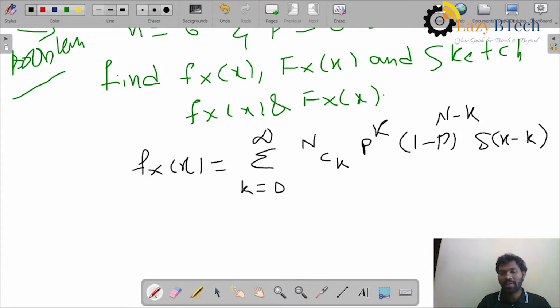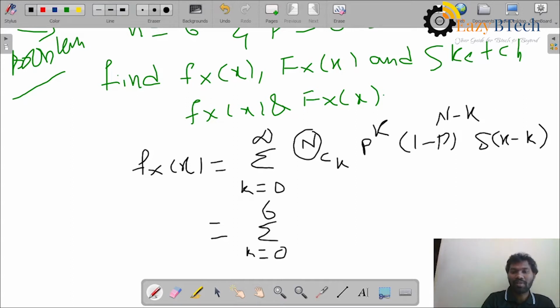As n equals 6, k can only go from 0 to 6. Why?